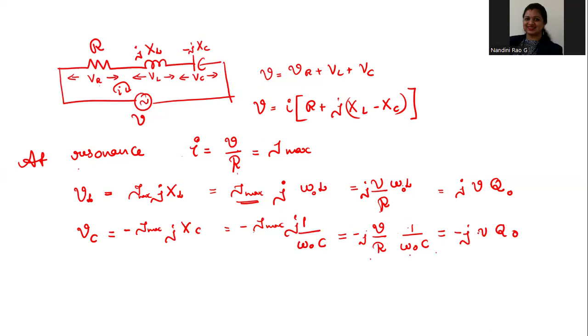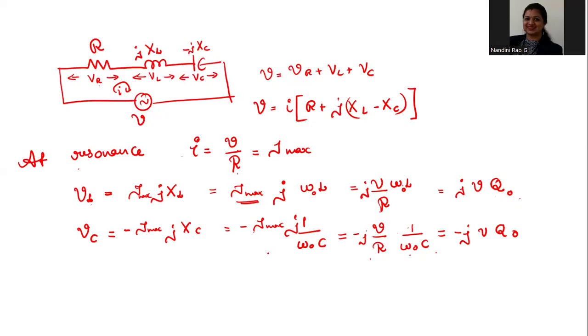See, now be careful. What is V? Applied voltage, correct? Q is something extra. So if in case Q is some number, what do you feel it is doing here? The voltage across inductor is equal to applied voltage into some constant. What do you call this process?